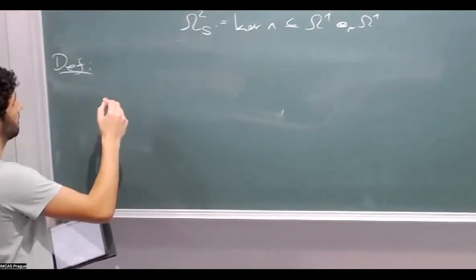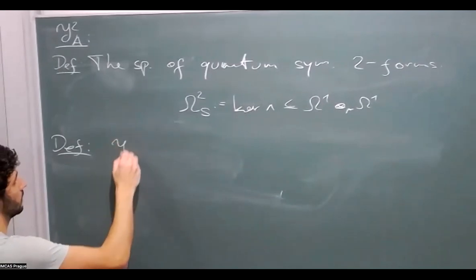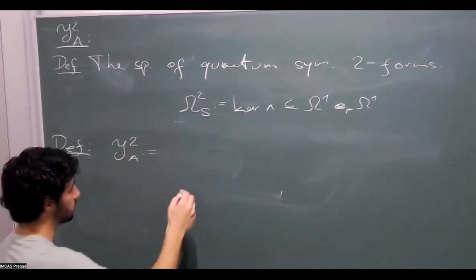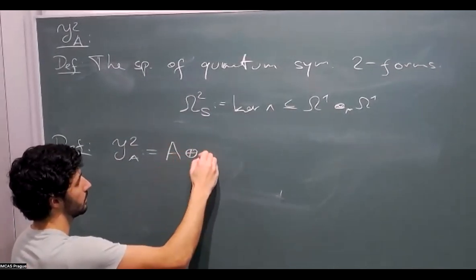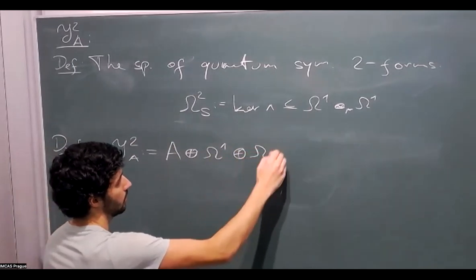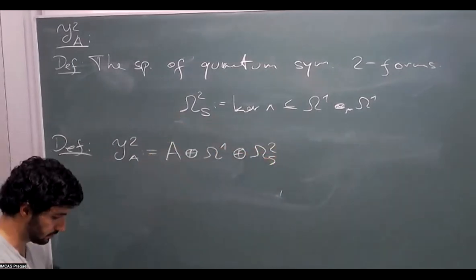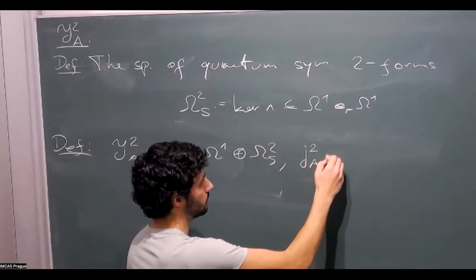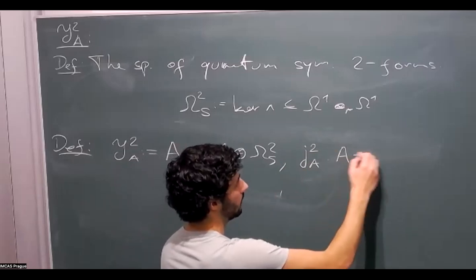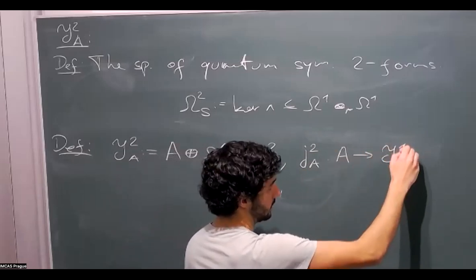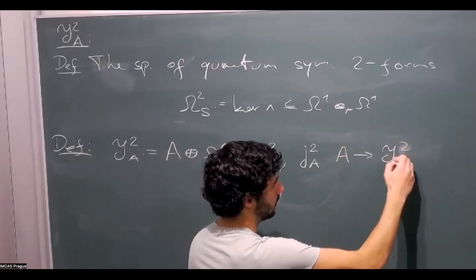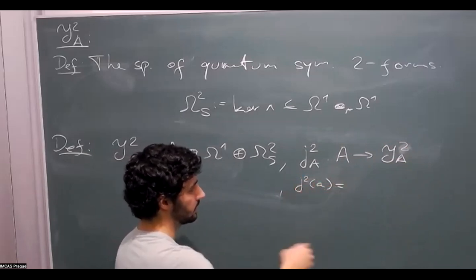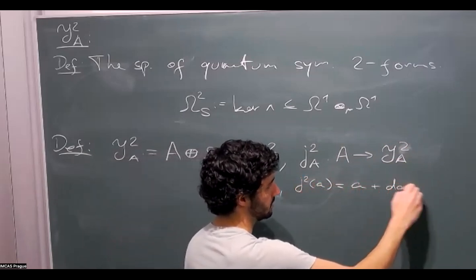As a vector space, you just take J2A to be A plus omega 1 plus omega 2s, these symmetric forms, and we take the jet prolongation map, small j2, as being the map that goes from A to J2A. It takes an element of A, and it gives two terms that we already had before, the first order derivative and second order derivative.